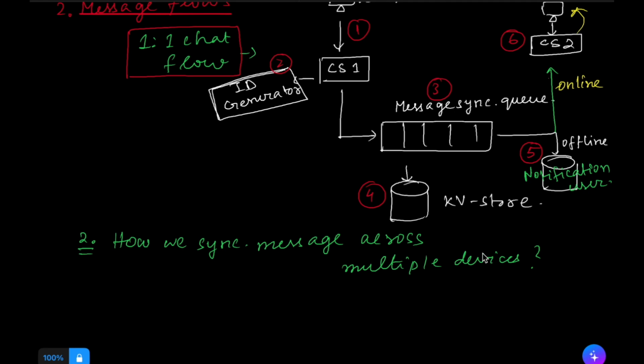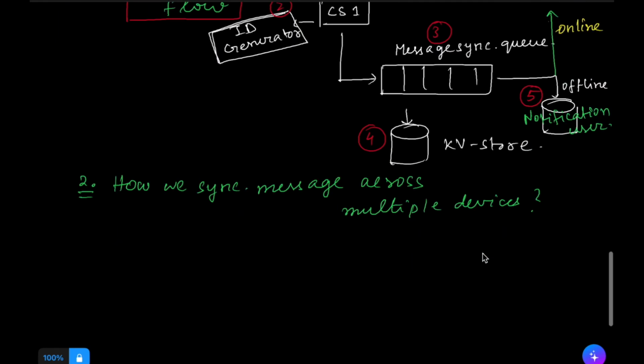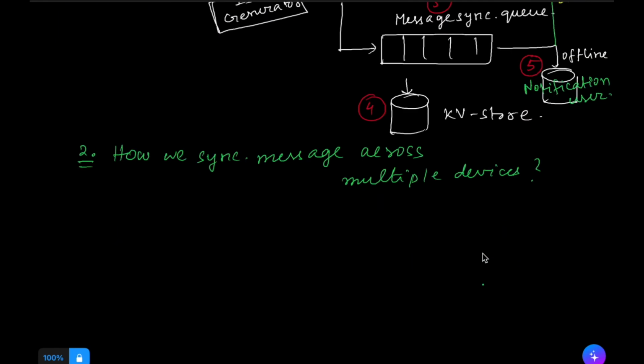Suppose you used WhatsApp as a web app a week ago, and after a week you are trying to run the application on the web. How do we sync those messages in the web app, when they are already updated in the mobile application? That is the scenario which we will be looking into.